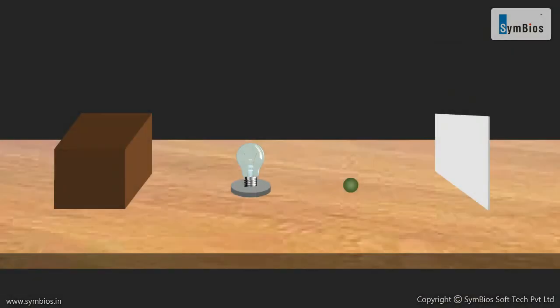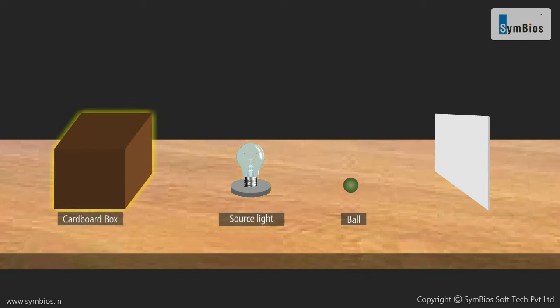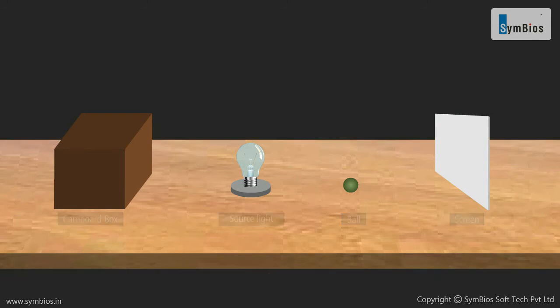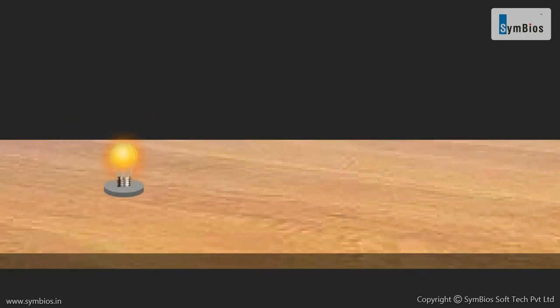Let us perform the following activity to understand how a shadow is formed due to a point source of light. You will need a ball, a source light, a cardboard box, a screen, and a table or any other base. Place the source light on one end of the table and a screen on the other end.